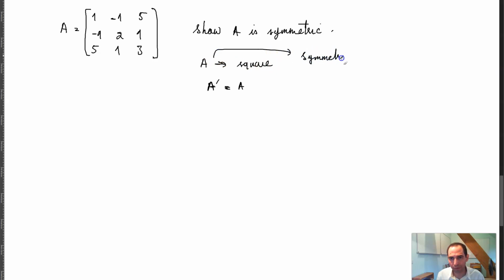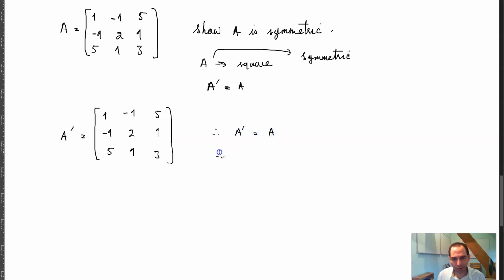By definition, the only thing that I need to show is that A prime is equal to A. If I calculate A prime here, I would get 1, negative 1, 5, and negative 1, 2, 1, and 5, 1, 3. And you can see that I have the exact same matrix, therefore A prime is equal to A, therefore A is symmetric.